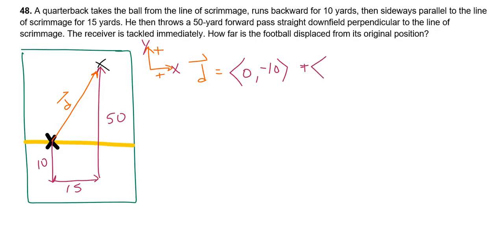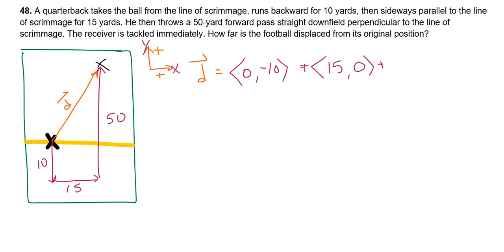This next vector is 15, and that's pointed in the positive x direction. So we have 15 in the x, and we don't move any in the y because it says it's taken parallel to the line of scrimmage. So if we translate into x and y, there's nothing in the y.